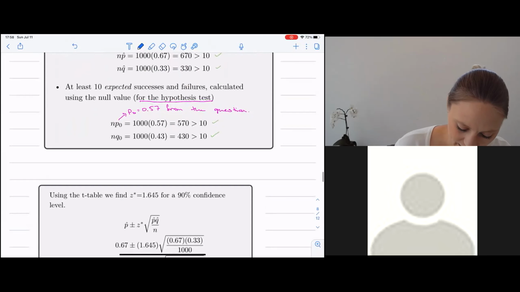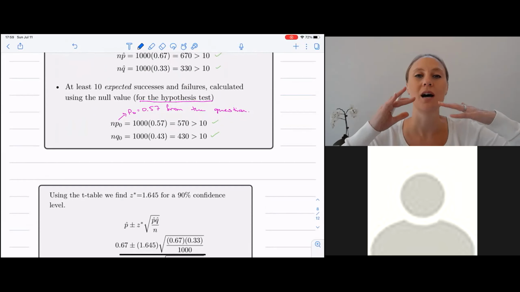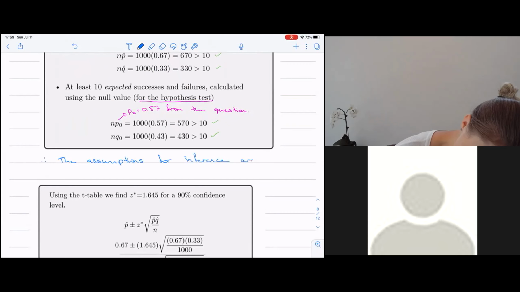I will add here, usually I say it at the end. You don't have to, but I like to put a stop to it, right? So therefore, the assumptions for inference are satisfied, right?